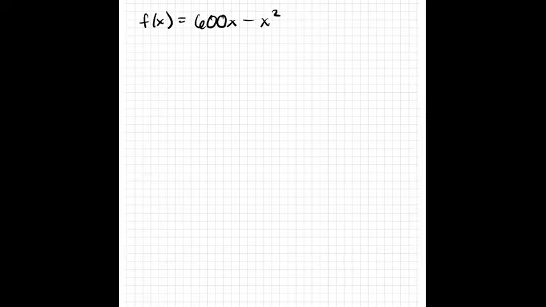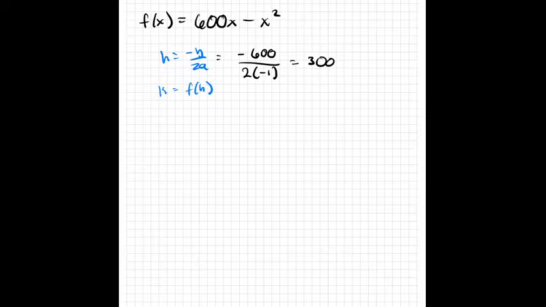So our h is negative b over 2a. That's the x coordinate of the vertex. So that's going to be negative 600 over 2 times negative 1, 300. All right. So then the k, which is the y coordinate of the vertex, is going to be f of h.